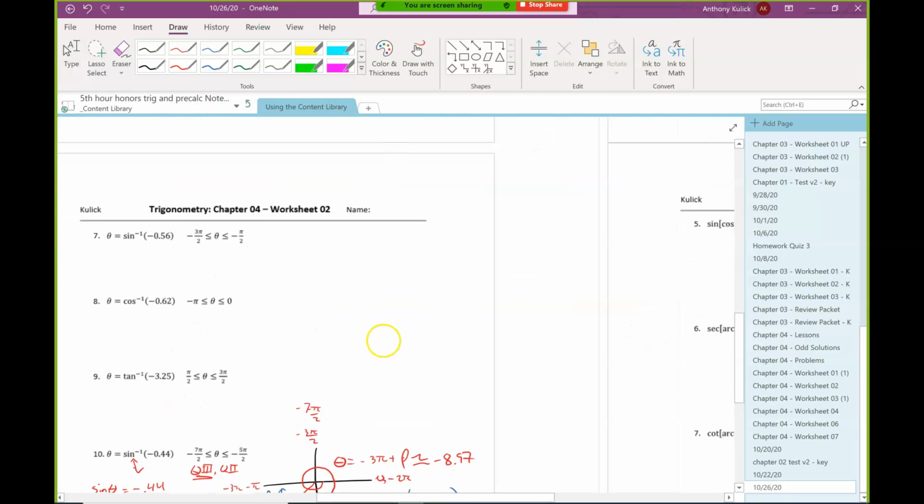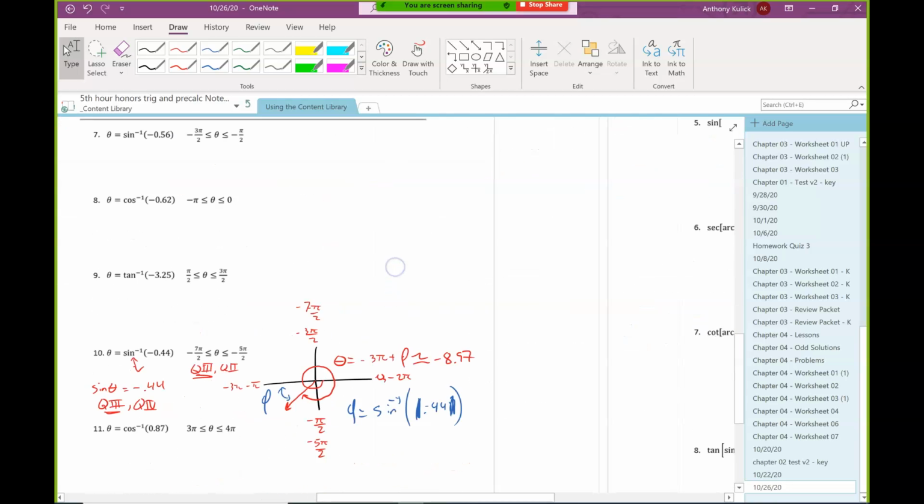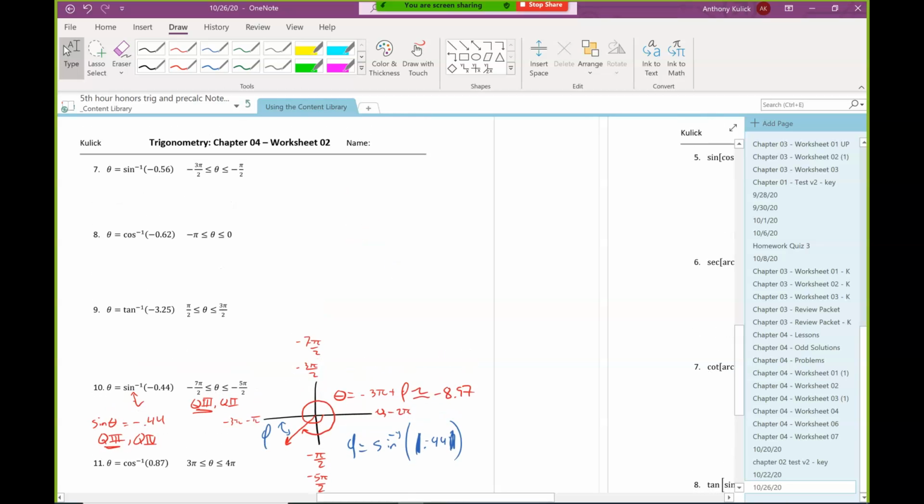Number 7, where the intervals are negative. The same way I kind of did number 10, where the intervals were negative. So I know sine is negative in quadrants 3 and 4. And then negative pi over 2 is here.